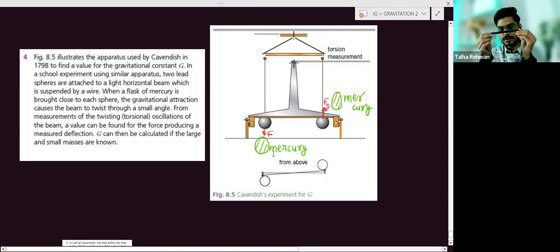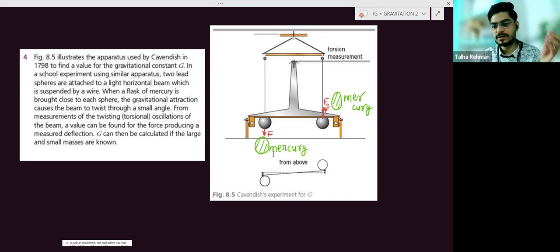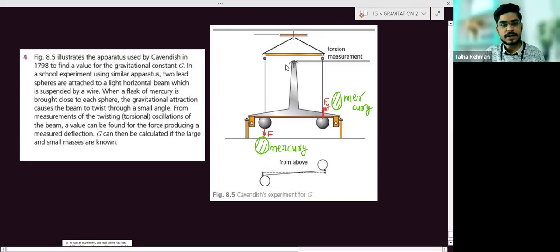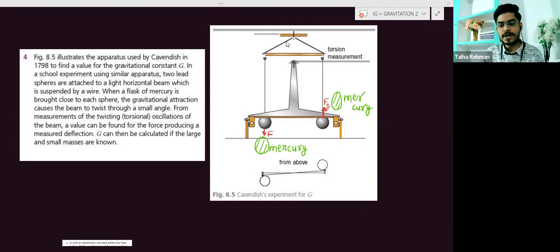It is like this. These are the two spheres. One sphere is here and one sphere is here. These spheres are attached with a beam. Now there is a mercury flask on this side and a mercury flask on this side. So there will be a force of attraction on this sphere, this side, and on this sphere, this side.